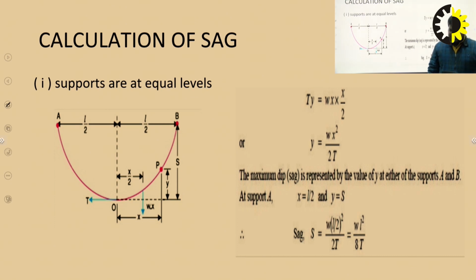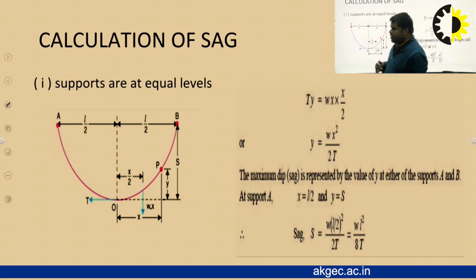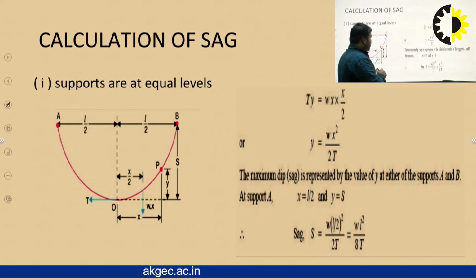So we will see the different cases of calculating the sag. The first one is supports at equal levels. We will calculate and formulate the sag when the supports are at equal levels.